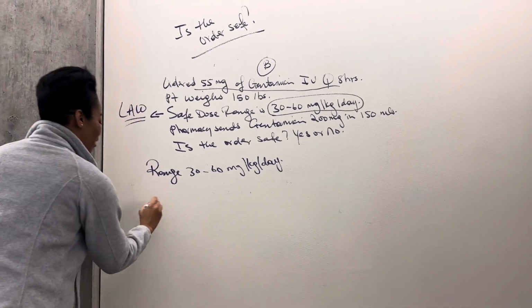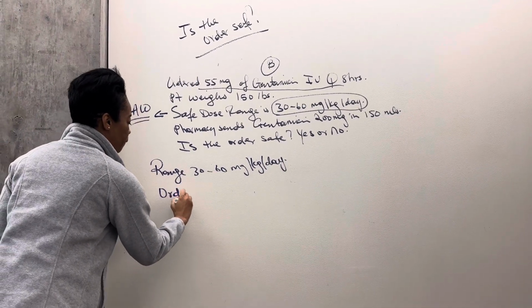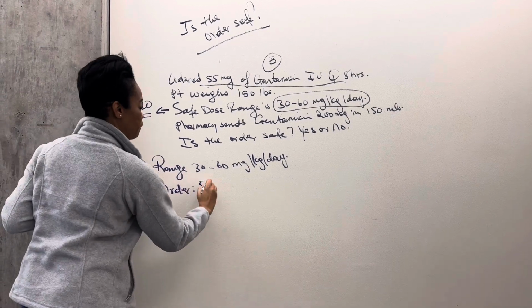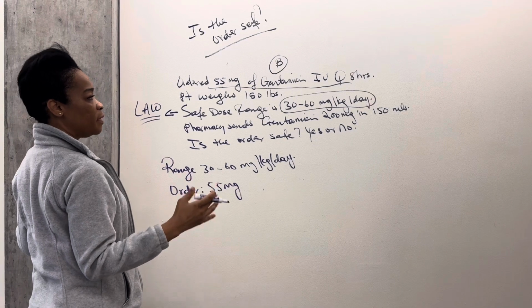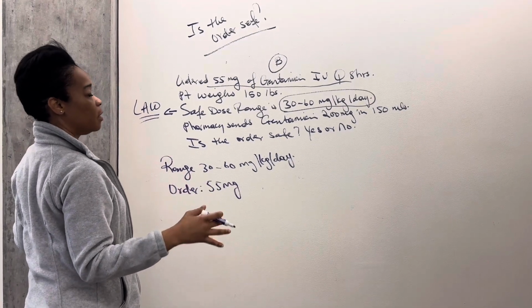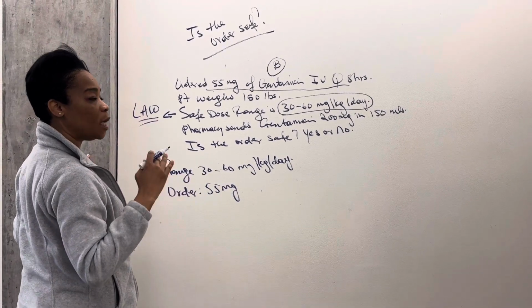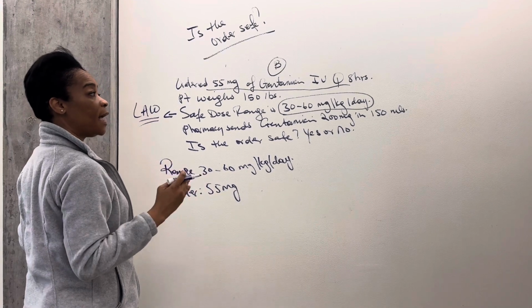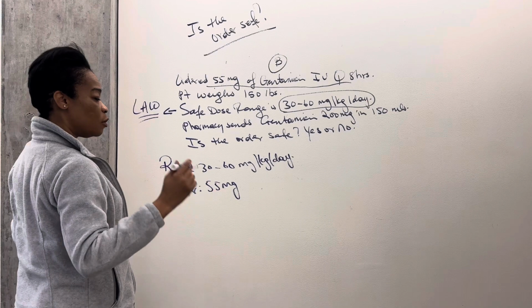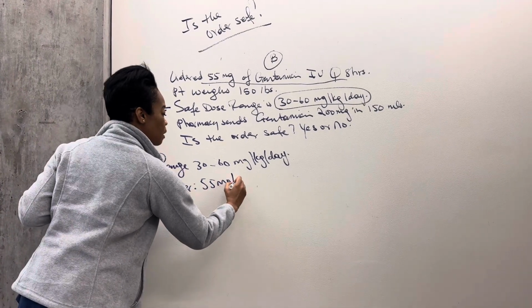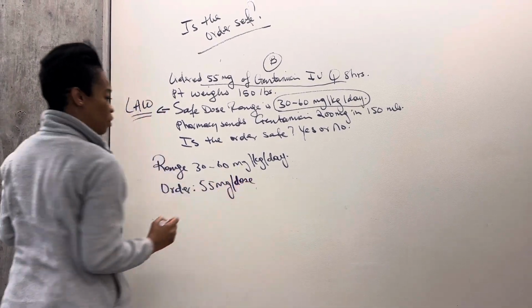And what we have, the order, is 55 milligrams of gentamicin IV every 8 hours. Well, 55 milligrams is one dose. We're giving that dose IV, and we're going to give that dose every 8 hours. So 55 milligrams is one dose.